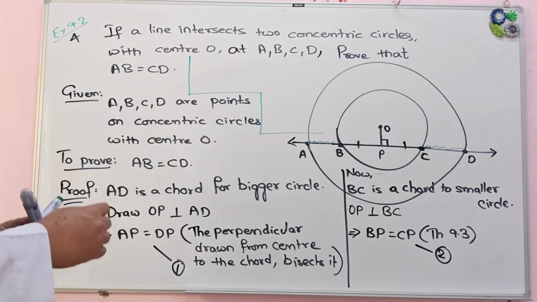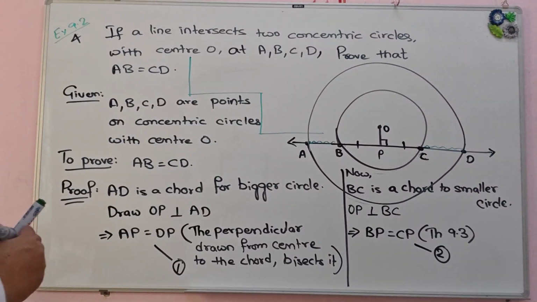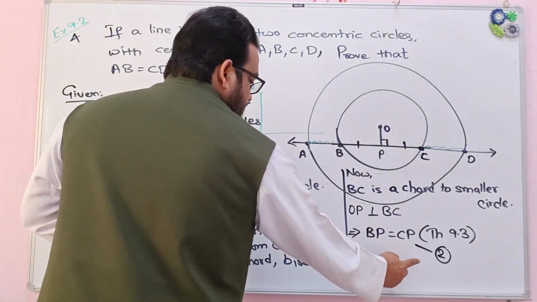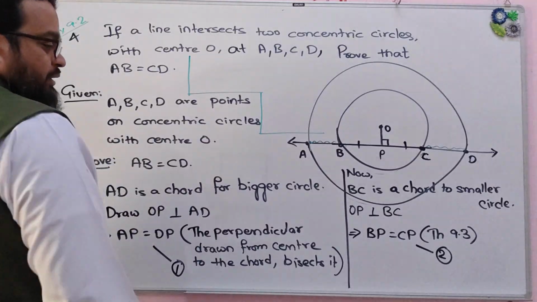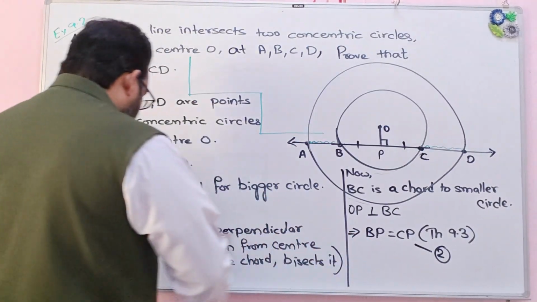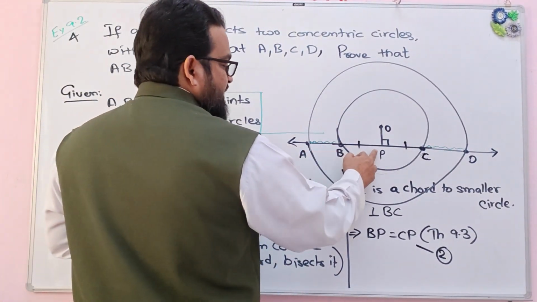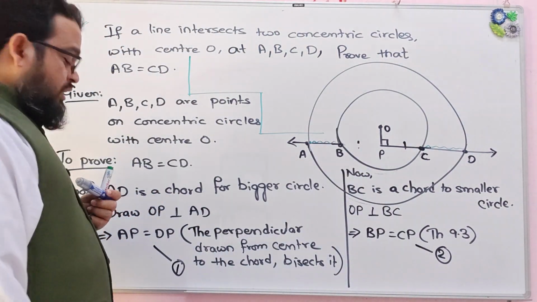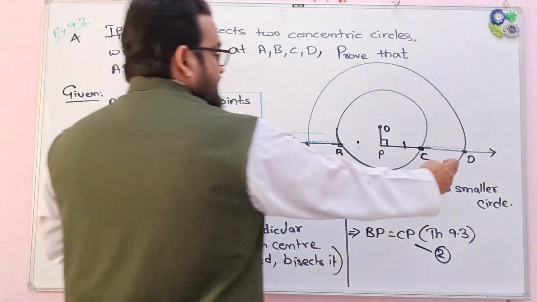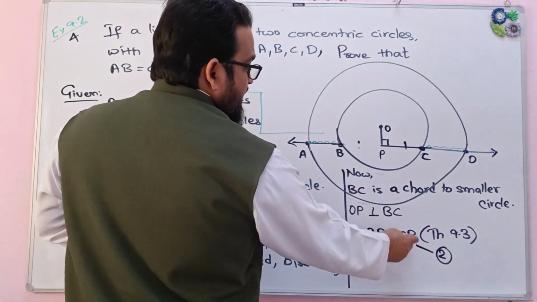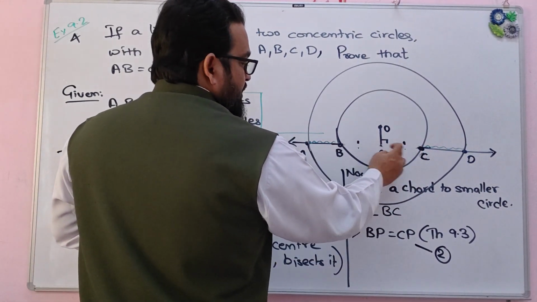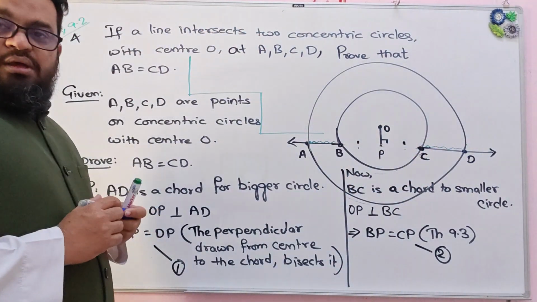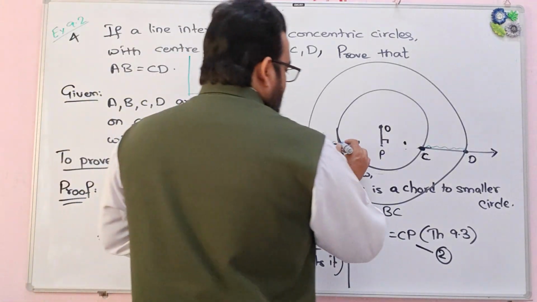Now subtract the second one from the first one. If I subtract BP from AP, AB is left out. In the same way, from DP, if I subtract CP, these two will be equal. Did you understand?